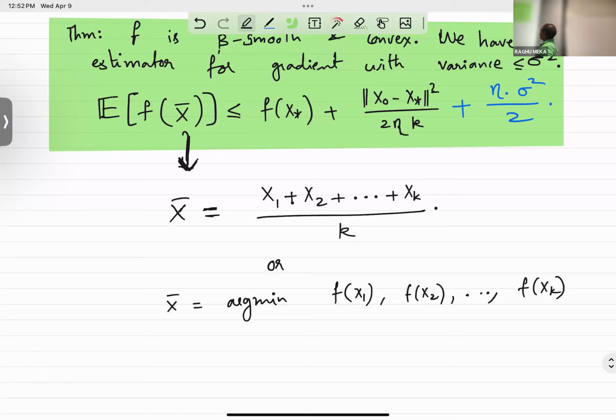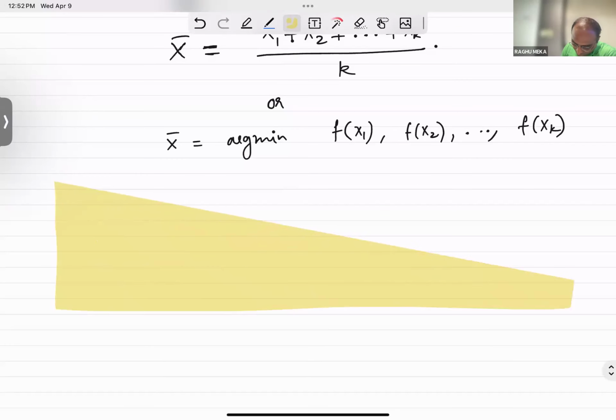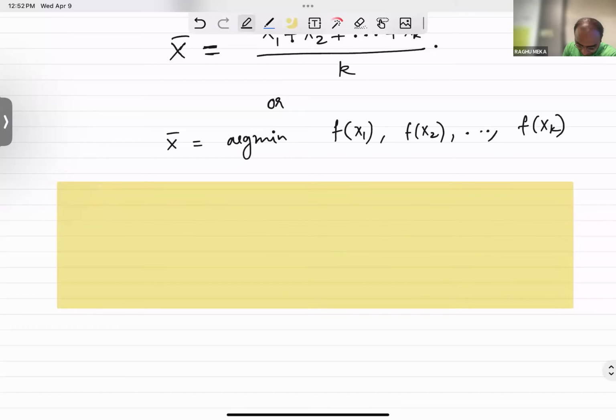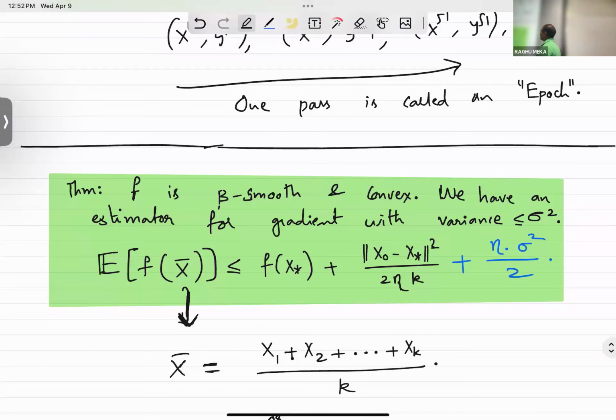And you can set the parameter eta in some way. There are various ways to do it, but even the best possible choice only gives you the following. As a corollary, by choosing eta less than or equal to 1 over beta, and as I said, if you choose a very small eta, the penalty for the variance decreases, but then the error here blows up.